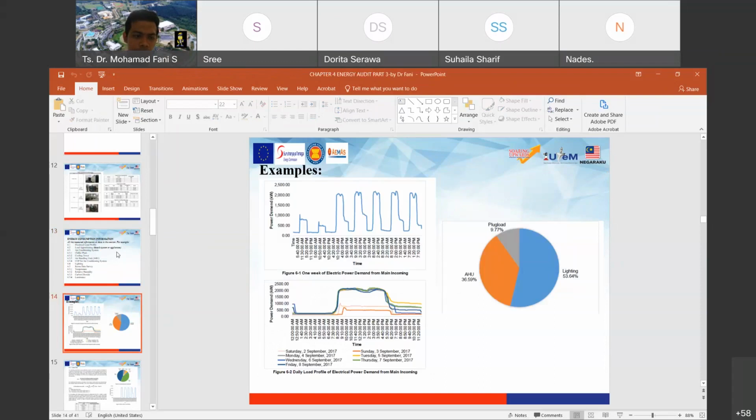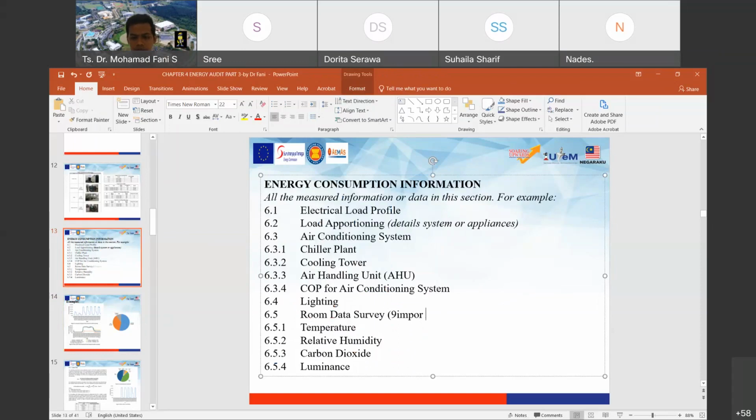And also the important part is the room data survey. Okay, to get the temperature, relative humidity, carbon dioxide, CO2, or luminance. Luminance, you can use your phone.